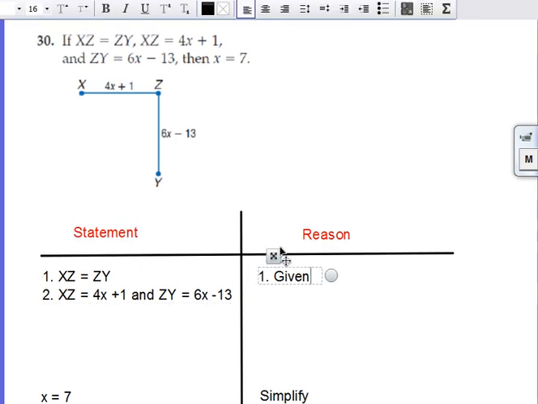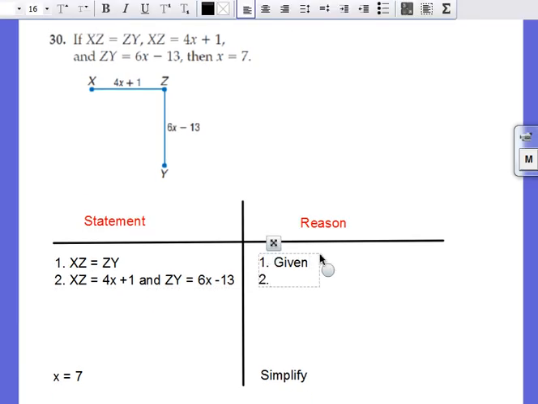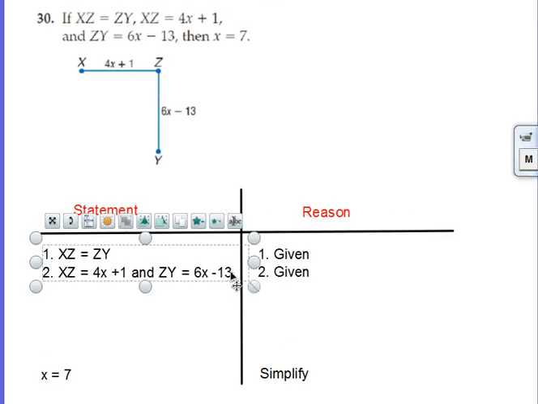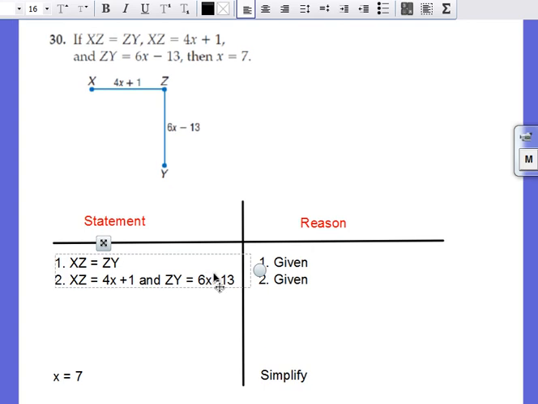And that one is also given to us. They gave us that, so we just put given for the reason. Now coming back to this, let's continue with this.